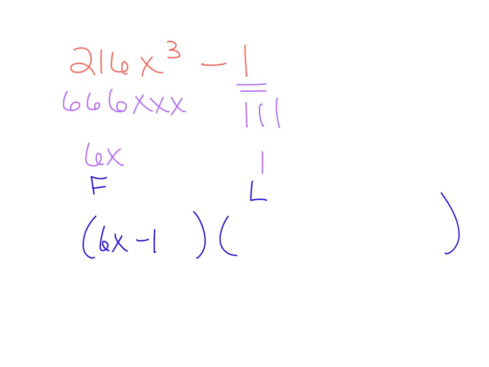And then this parentheses is the first term squared, so 6x squared is 36x squared. Okay, and then opposite, so the original problem was a minus, so opposite means it's going to be a plus. Now we're going to take the first term times the last term, 6x times 1 is 6x. And then always positive, so this is going to be plus, and then the last term squared. 1 squared is 1. So that is what 216x cubed minus 1 factors into.